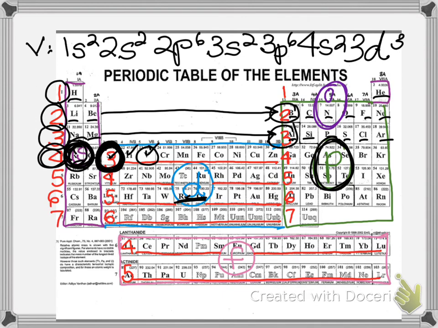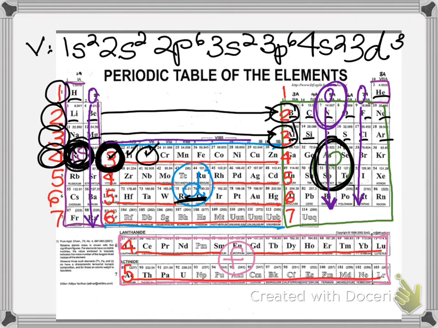You might have to look on your own periodic table, I know it's kind of small in the video. But it's number 5. Everybody in this group has 5 valence electrons. In the halogens, this has number 7. Everybody in this group has 7. In the alkaline earth metals, everybody has 2 because they're in group 2A. Now this would not be true.